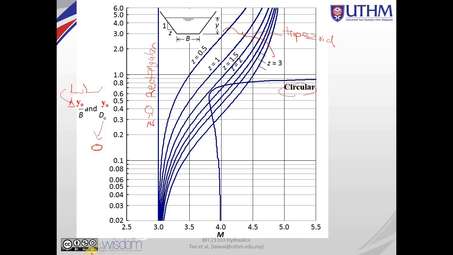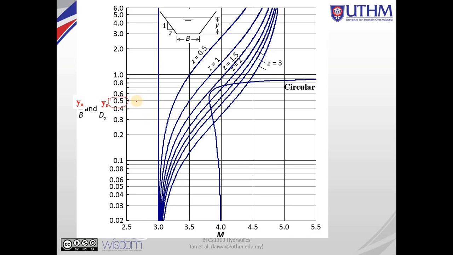So 0.5 is located here, and then we need to draw a temporary line to intersect the respective channel graph. We have 3 cases.